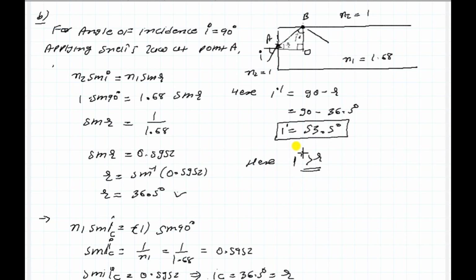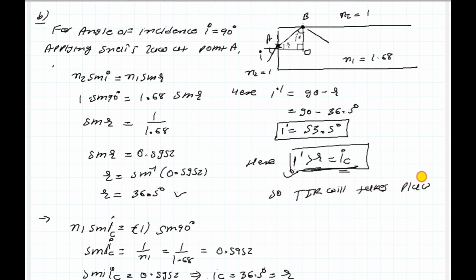So in short, our angle of incidence I dash at point B is greater than r, meaning it is greater than IC. So as the angle of incidence is greater than IC, or greater than r, TIR will take place.